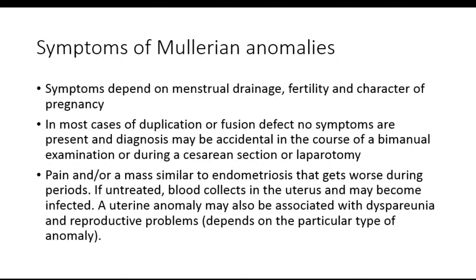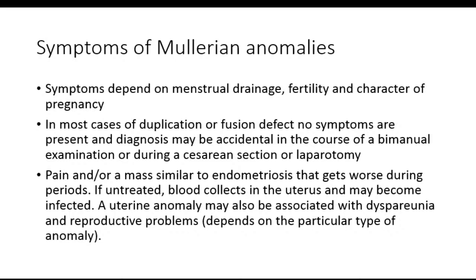In most cases of duplication or fusion defects of the uterus, they may have no symptoms, obviously, and diagnosis may be accidental in the course of manual examination or even during cesarean section, during the laparotomy.